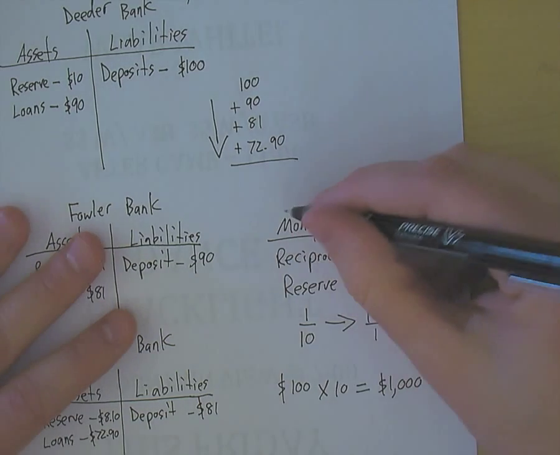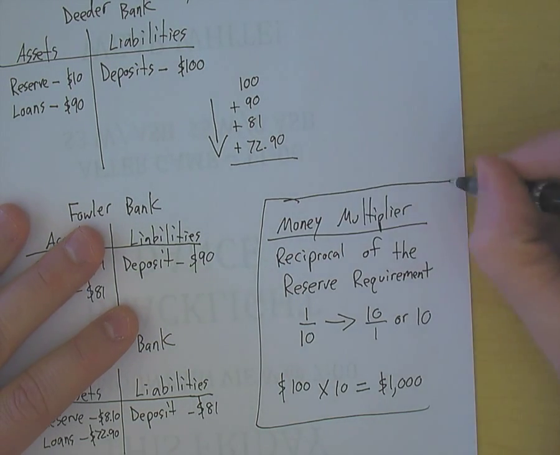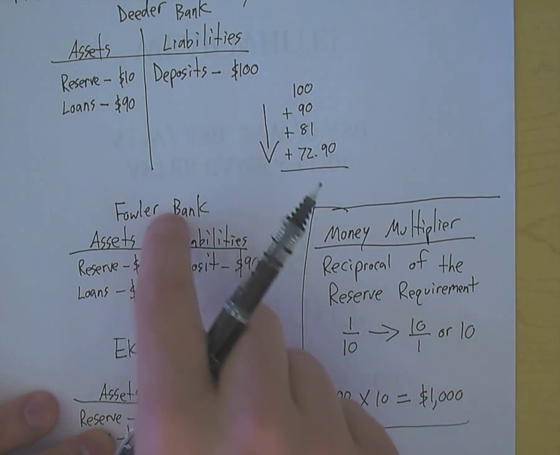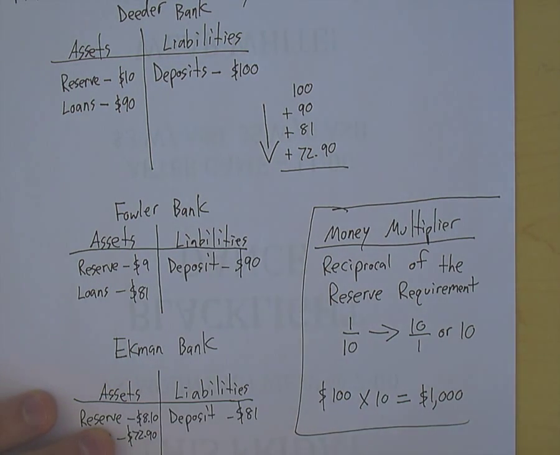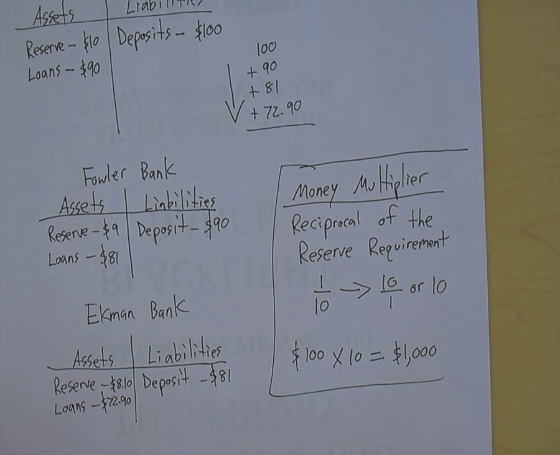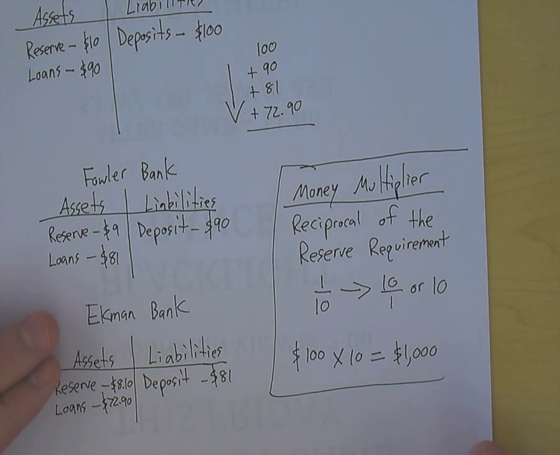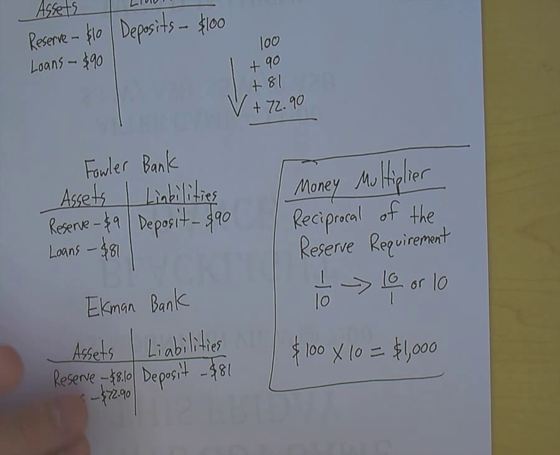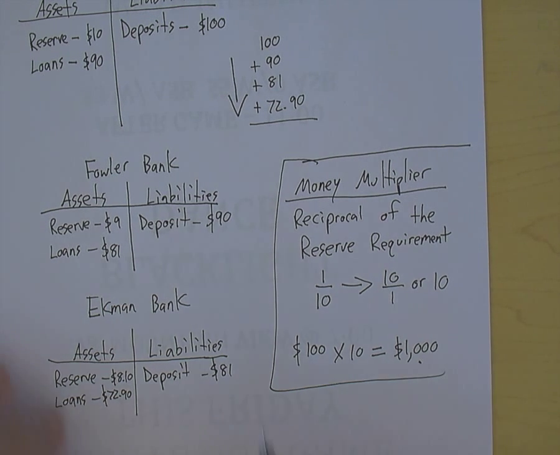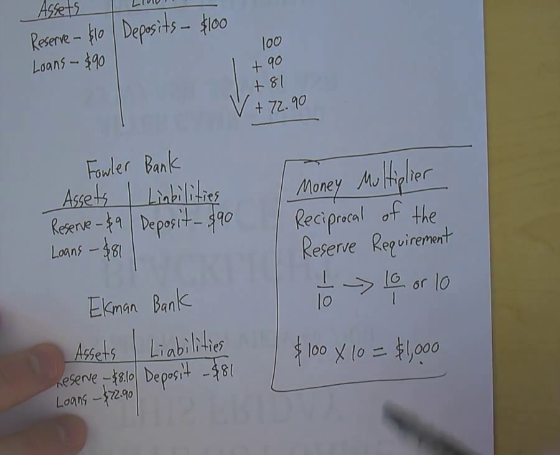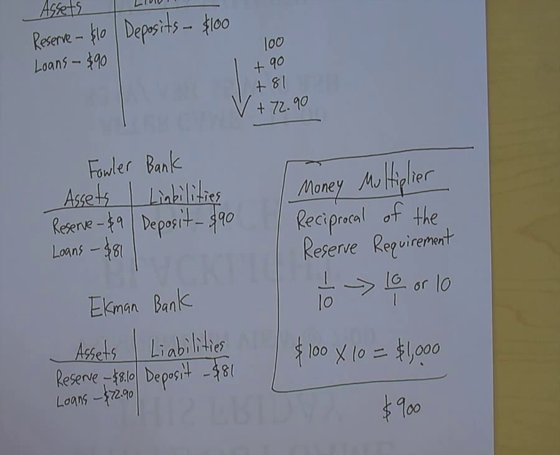And this is a much shorter way of seeing how money is created instead of going step by step through the fractional reserve banking again and again. So that is fractional reserve banking. That's how it works. Questions here like how much money was created in this case? $1,000 was created. How much more in new deposits? We don't include the original deposit, so it's going to be $900 of additional deposits created.